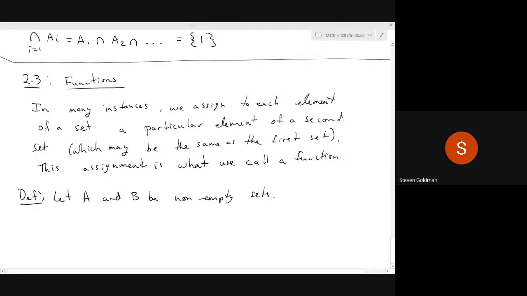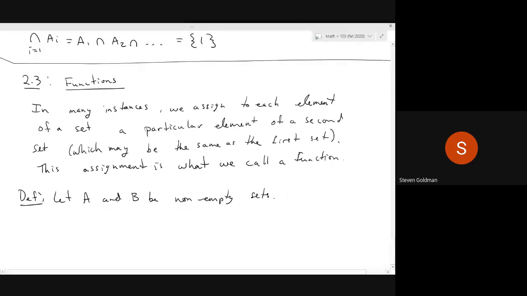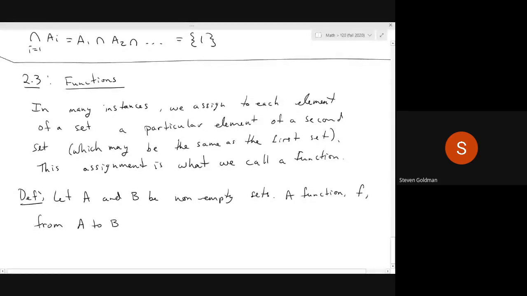A function, we'll call our function f, from A to B. As I'm sure you already know, we don't have to use the letter f for a function, but generally we refer to a function with the letter f.